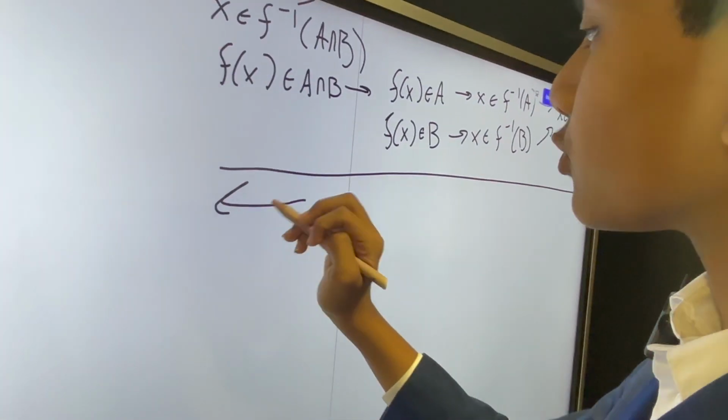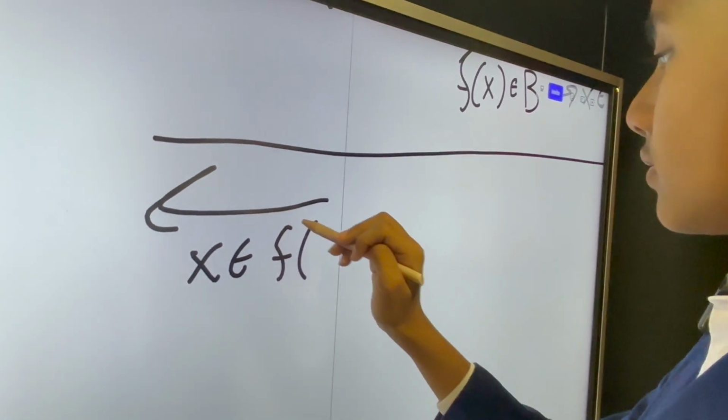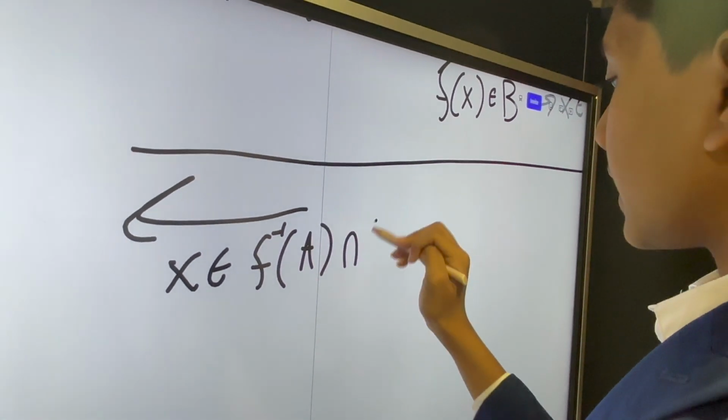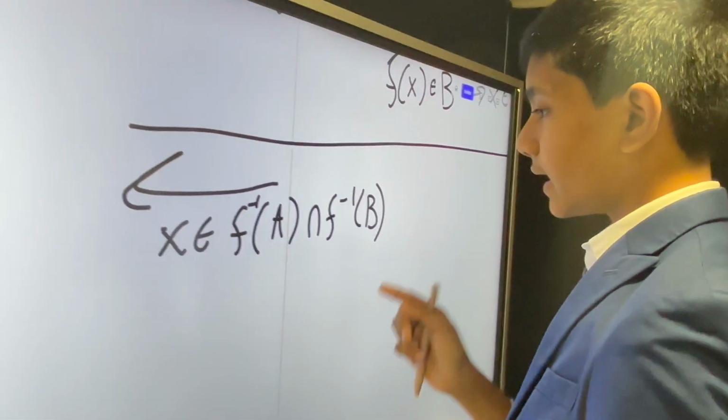Now for the sufficient proof, we say X is in F inverse of A intersect F inverse of B. So what do we get?